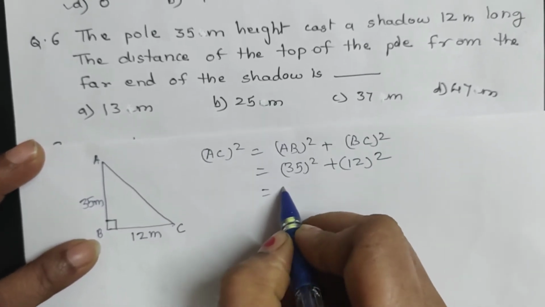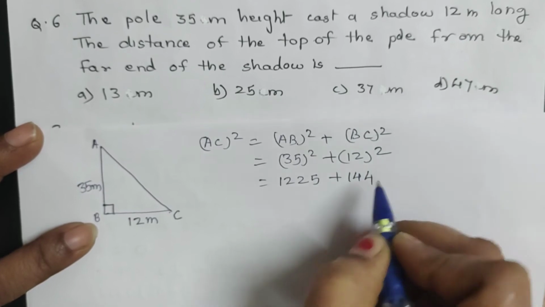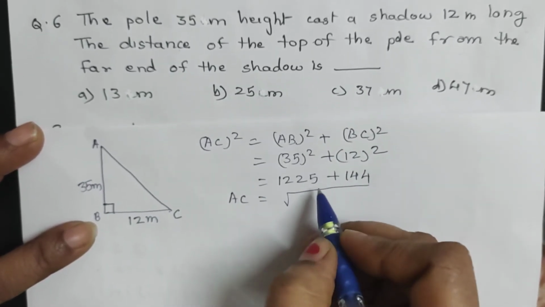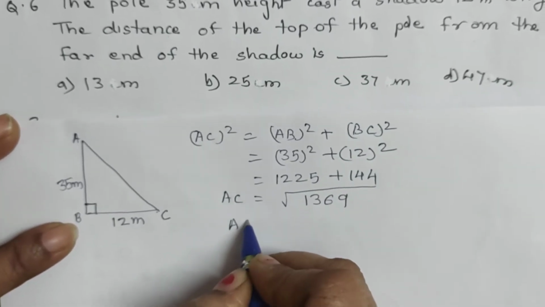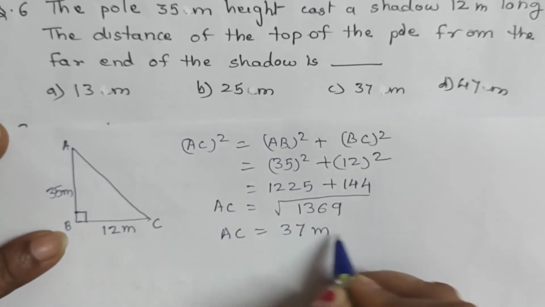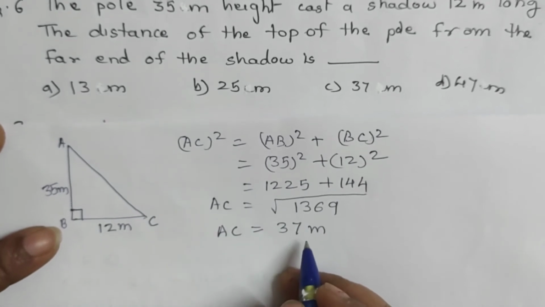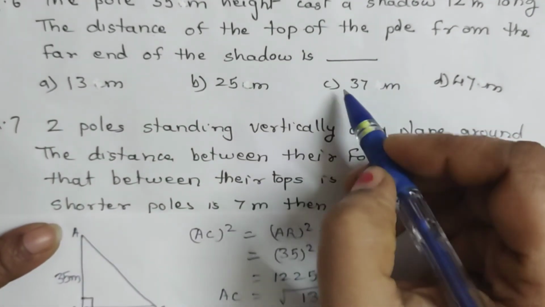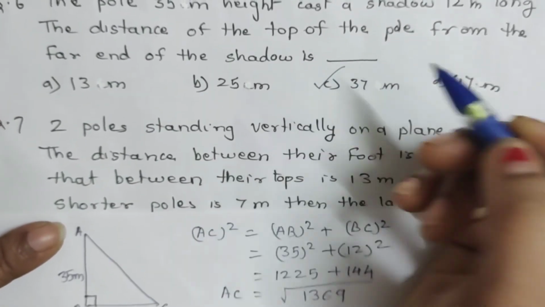So 35 square is 1225 plus 12 square is 144. So AC is equal to root of, adding both these we are getting 1369. Root of 1369 is 37. So AC is equal to 37 meter. Correct option is C, 37 meters.